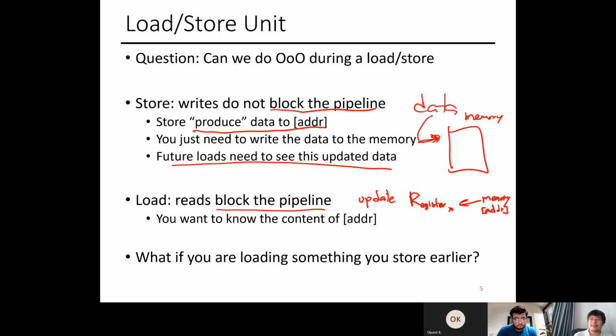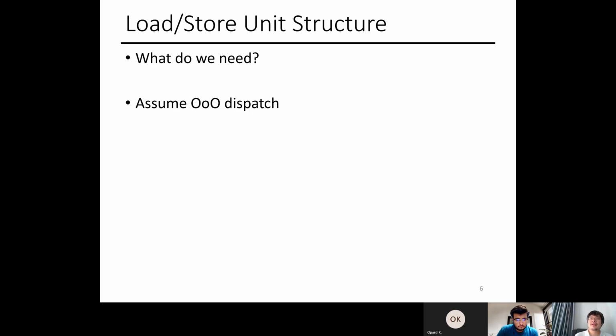What if you're loading from a store earlier? So here's the structure of how you can store this. You have the load address and the store address plus value, right?